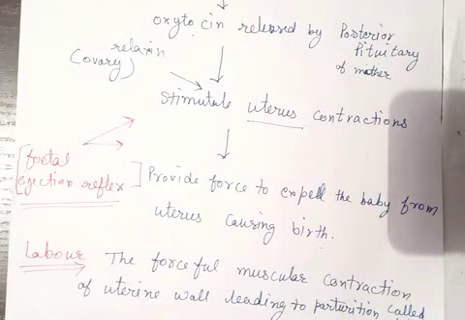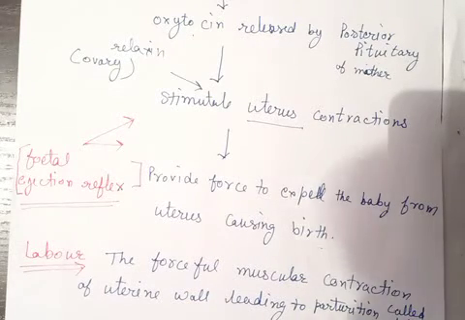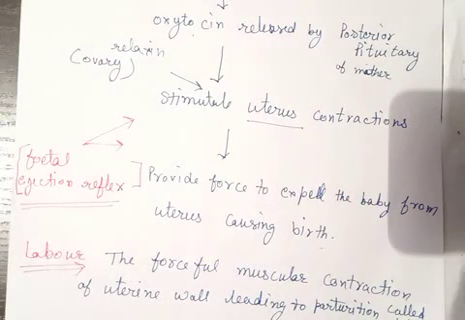The maternal blood carries these hormones, resulting in the release of oxytocin from the posterior pituitary gland, and it stimulates uterine contraction. Another hormone, relaxin, is released from the ovary and also increases the contraction, and the uterine walls start to push the baby towards the outside.